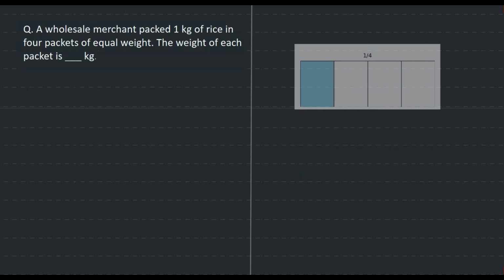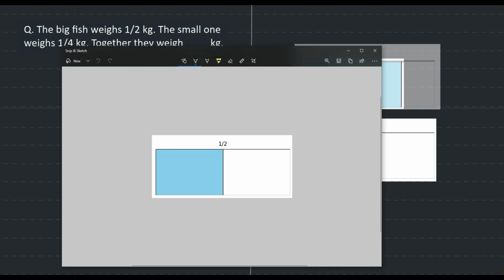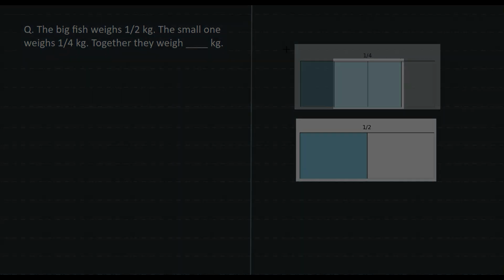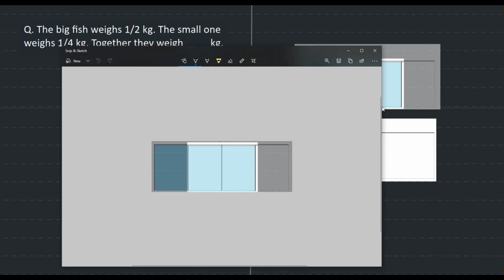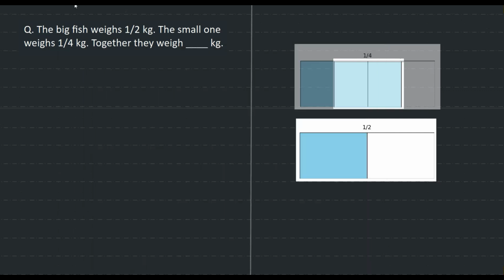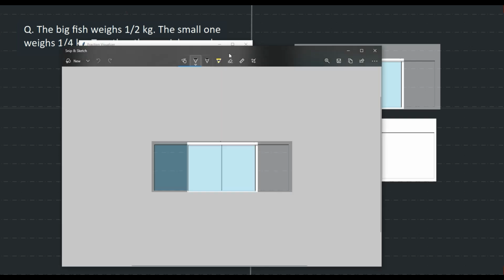Actually, we need this part though. Not very clear, but if you carefully observe this, only this. Can you see how many parts there are? This is 1, 2, 3, 4 parts.